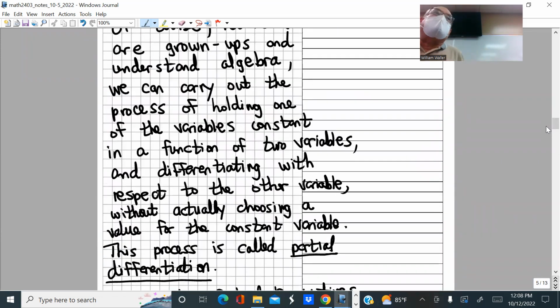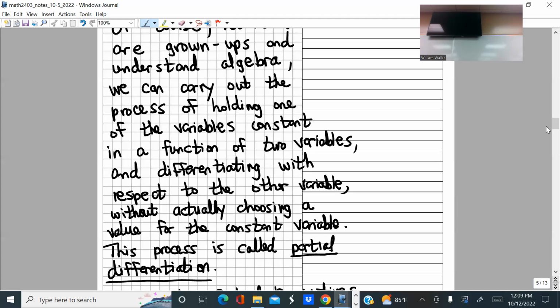So we can think of holding x constant or holding y constant in a function of two variables without actually choosing a constant value for x, or without actually choosing a constant value for y. We do that in our minds, because we're familiar with algebra, so we don't have to say I'm going to substitute 2 for x and then differentiate.